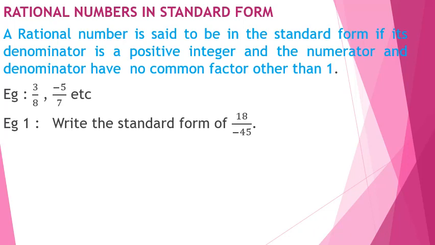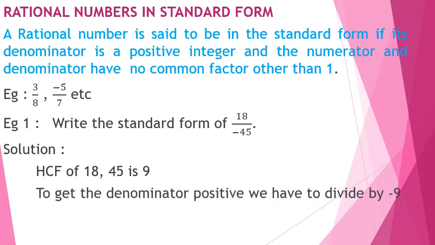Write the standard form of 18 upon minus 45. So the first step is we can find the HCF of 18 and 45, that is 9. To make it into the lowest term, we can divide the given rational number by 9.